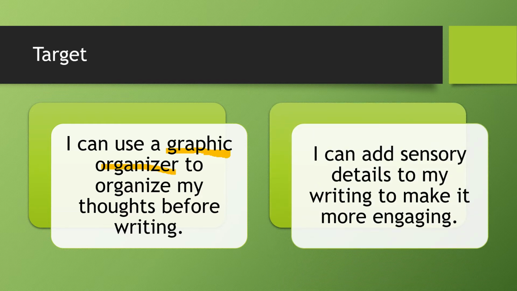Our second target is, I can add sensory details to make my writing more engaging. So we're going to be adding sensory details to make our writing engaging and exciting for the reader to read.